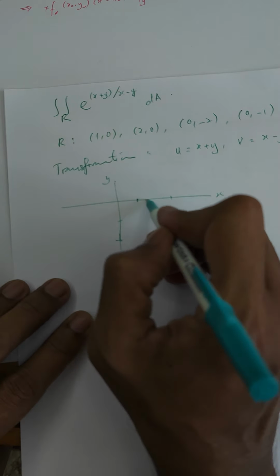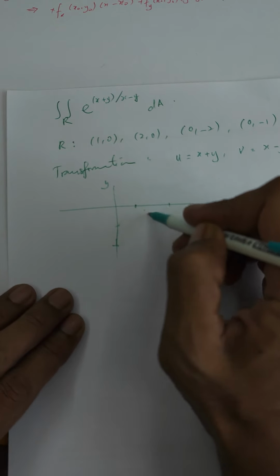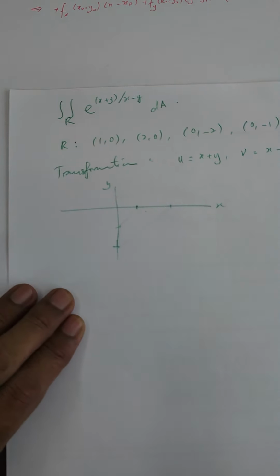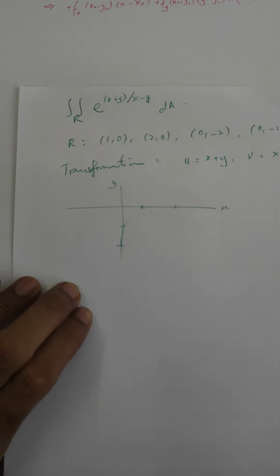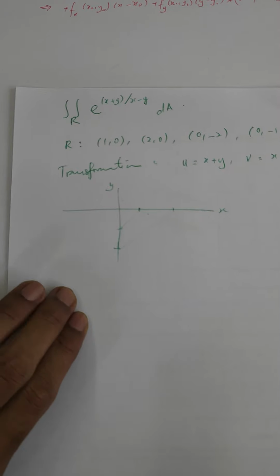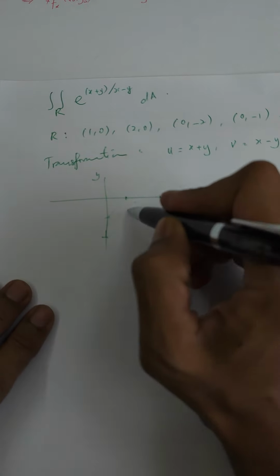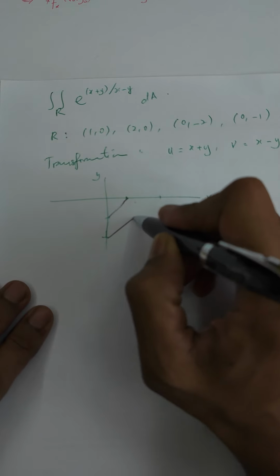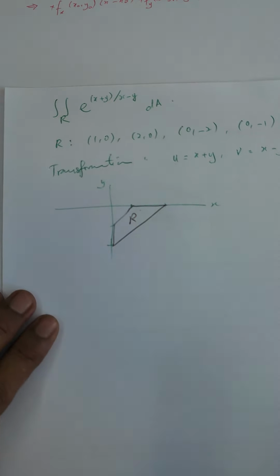So this is your origin. I think my pen is out of ink. Just a minute. So we have this is our arc.